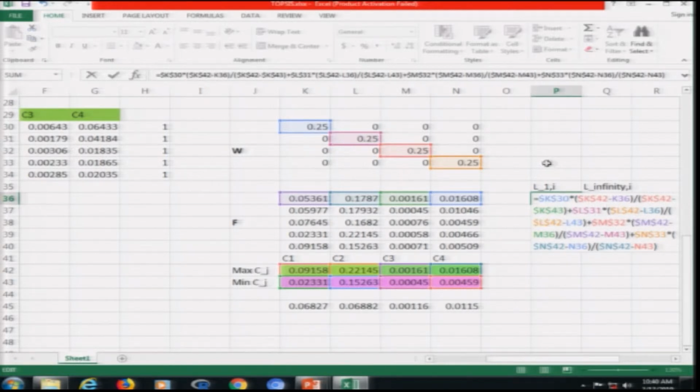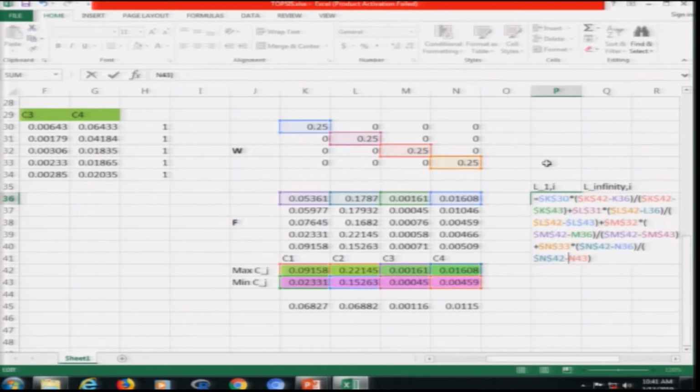We will copy it and double check. We need to minimize the, this won't be there. And the last is N50.